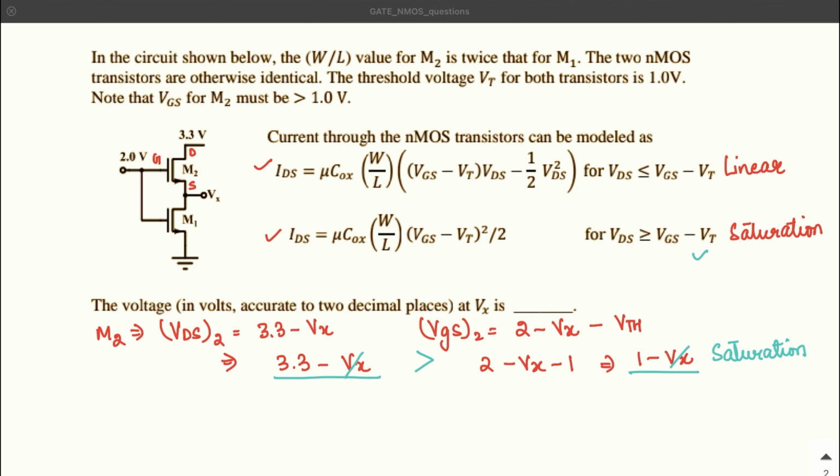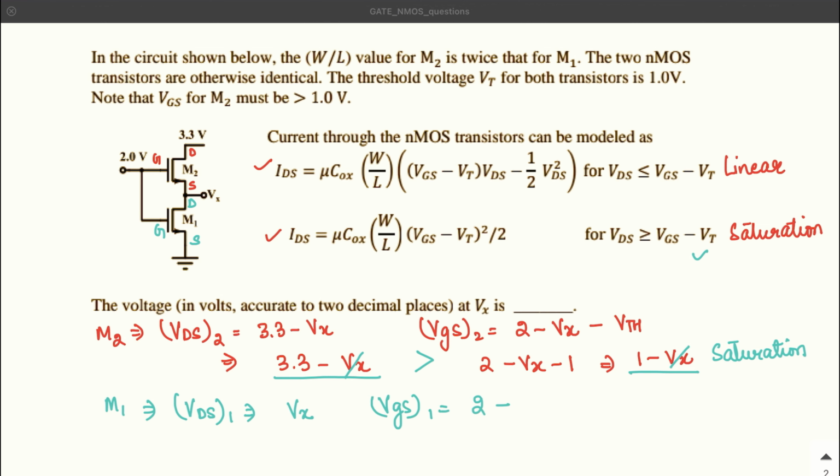Now coming up to the next transistor, that is M1. Talking about M1, this is the drain, source and the gate. Now if we do the same analysis, the VDS1 for this M1 transistor is actually Vx and the VGS1 is equal to 2 volt.